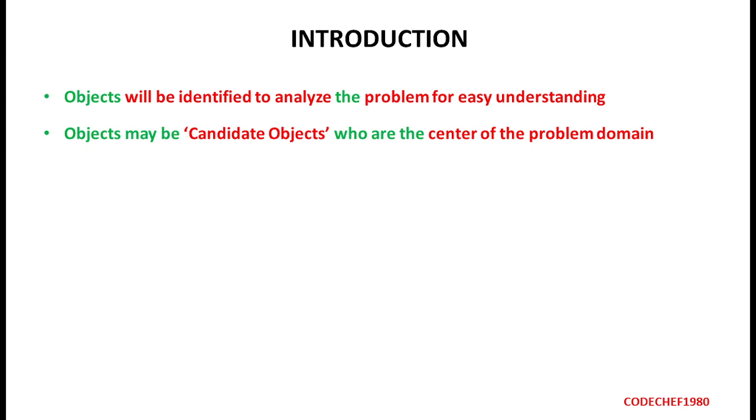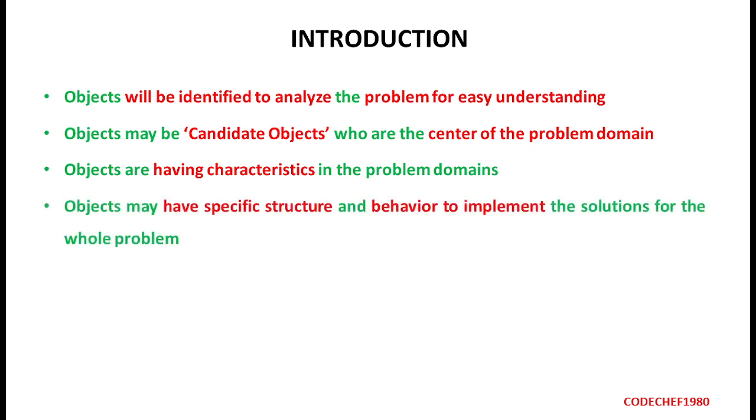They play the vital role, or we can say they are the center of the problem domain. Objects have characteristics in the problem domain. In the sense, objects provide information about what kind of data and what kind of operations can be processed in the software application.